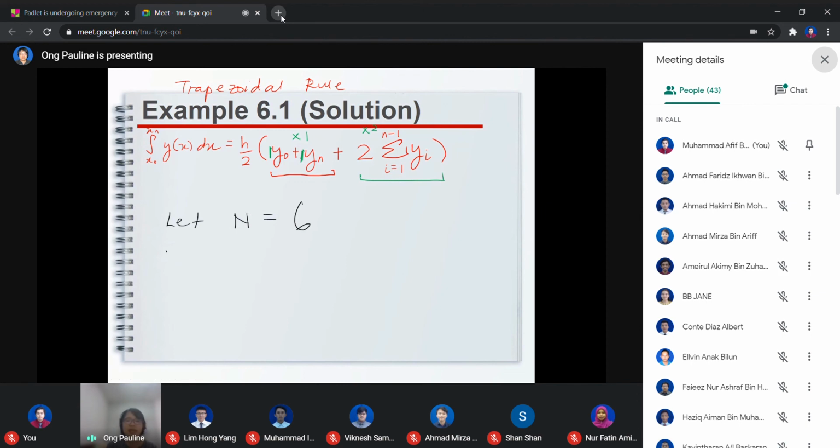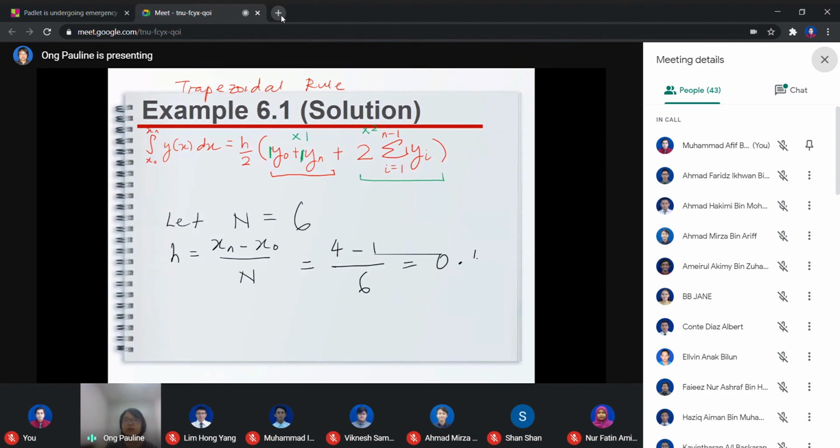When n is 6, my h can be obtained by using (Sn minus S naught) over n. I know that the integration is from 1 to 4, so I have 4 minus 1 here, and I let my n be 6, so I have 3 over 6.